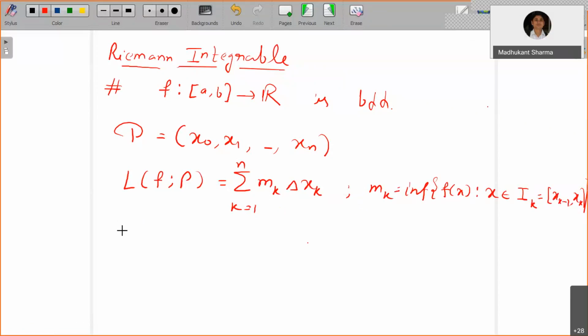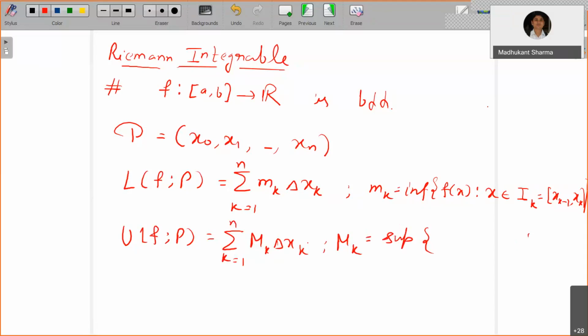And we have defined U(f,P) as summation k equals 1 to n capital Mk delta xk, where capital Mk is the supremum of the above set.